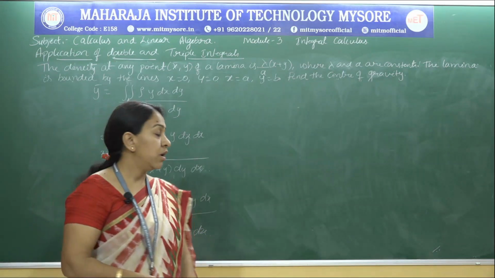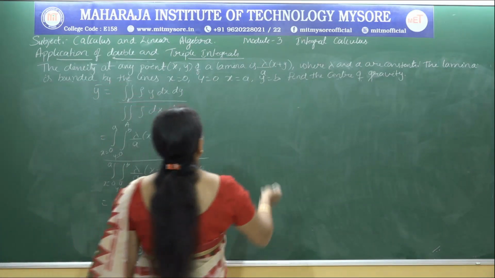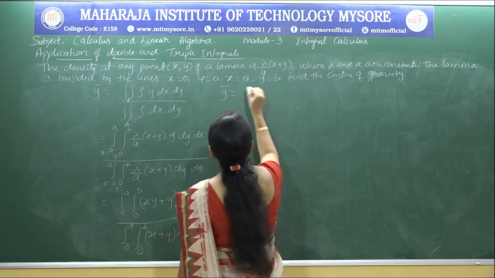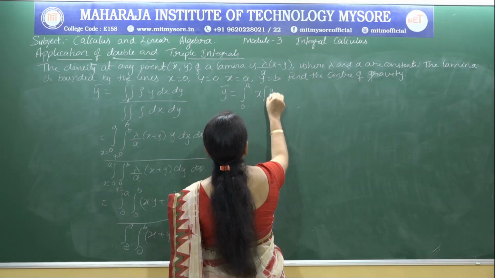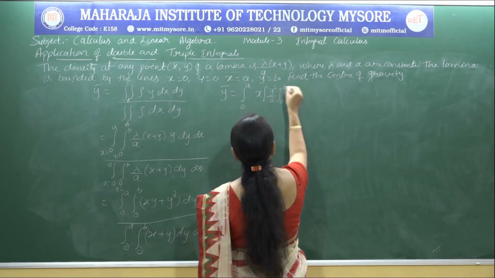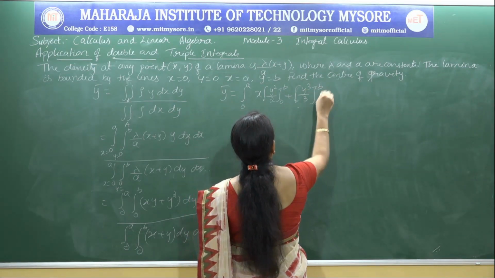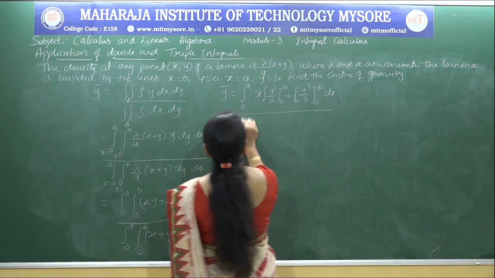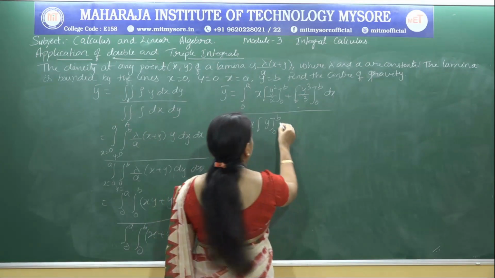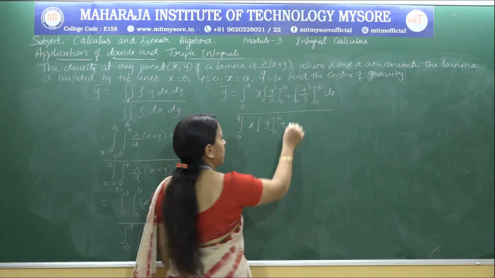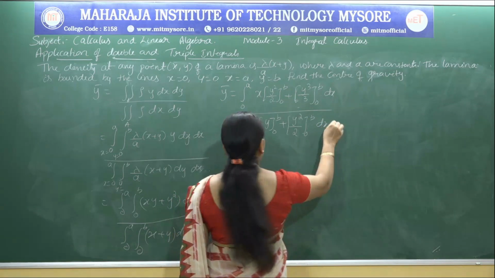Now keeping our x constant, integrate with respect to y, that is y bar is integral 0 to a, x constant, y integration is y square by 2 between the limits 0 to b, plus y square integration is y cube by 3 between the limits 0 to b, dx, whole divided by integral 0 to a, x constant, dy integration is y between the limits 0 to b, plus y integration is y square by 2 between the limits 0 to b, into dx.